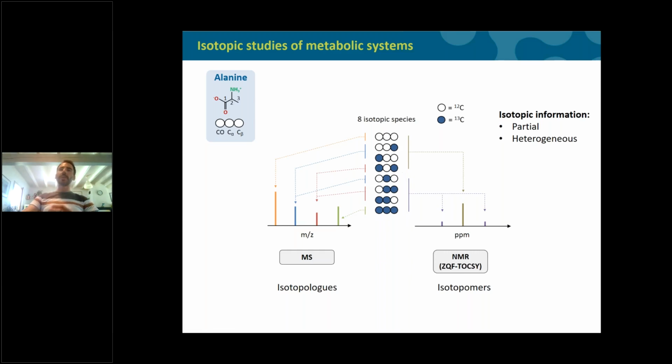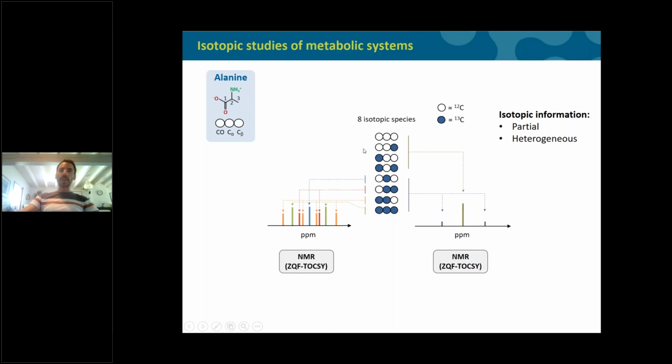So all the isotopic information we can get is usually partial. For instance, we cannot by MS differentiate this form from this form since they have exactly the same mass. They are partial and they are heterogeneous. Here you can see that what we can measure is always expressed relatively to the total pool of molecules. But for instance, if we apply some HSQC experiments, we can quantify these 4 isotopic forms.